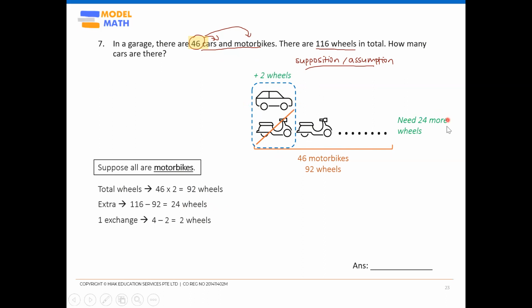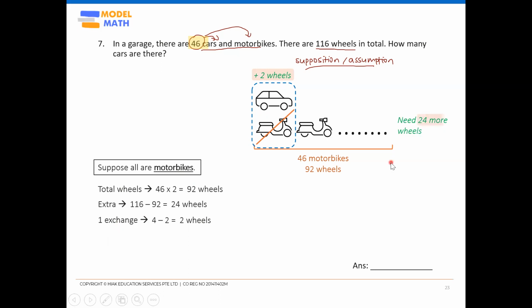Now, remember back to our target here. We need to achieve 24 more wheels. Every exchange only allows me to increase by 2 wheels, so definitely one exchange is not enough. Our next step is to find out how many exchanges are required for me to achieve 24 more wheels.